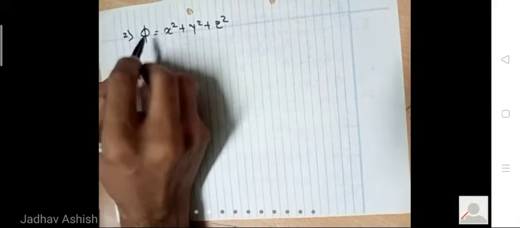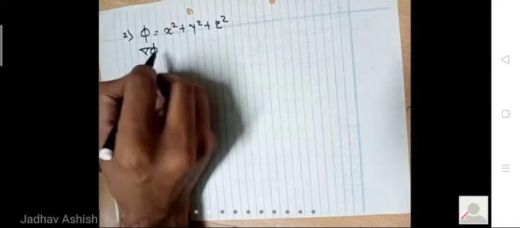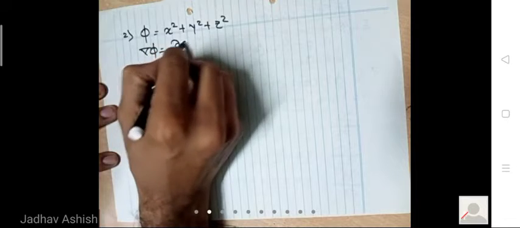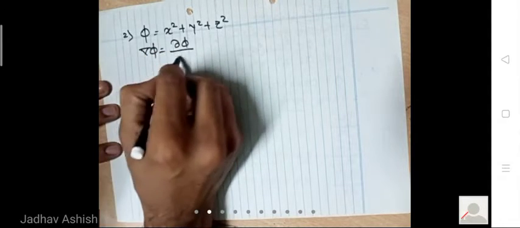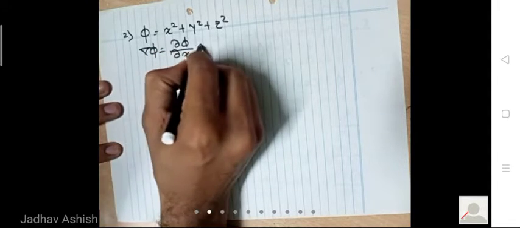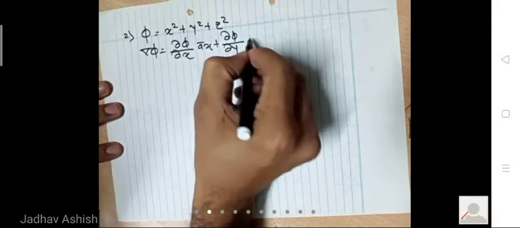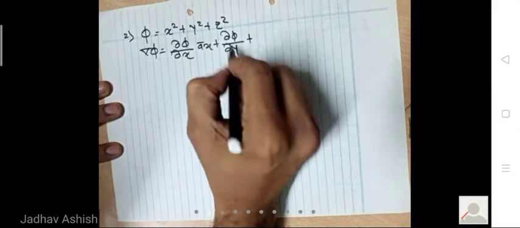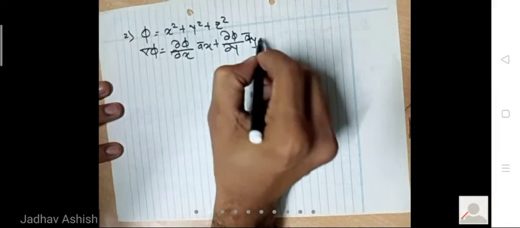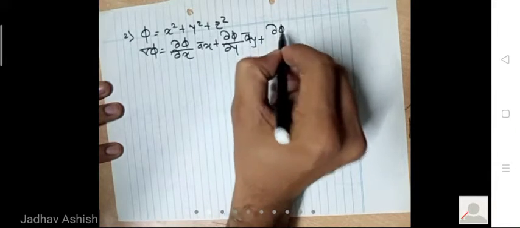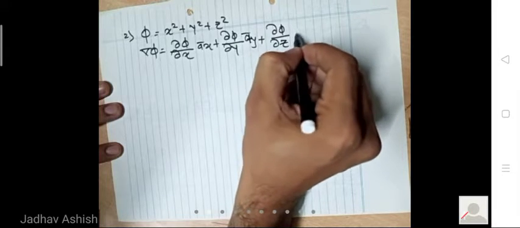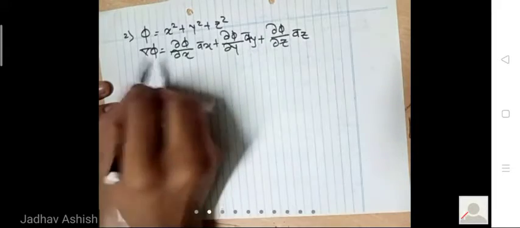Now here also I can write del phi is equal to dou phi by dou x a bar x, this is the definition, plus dou phi by dou y a bar y plus dou phi by dou z a bar z, right?